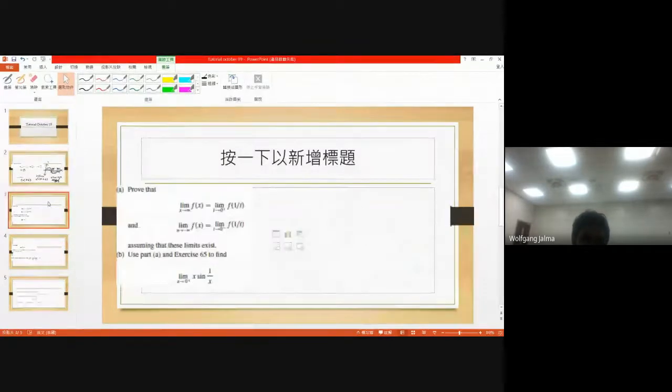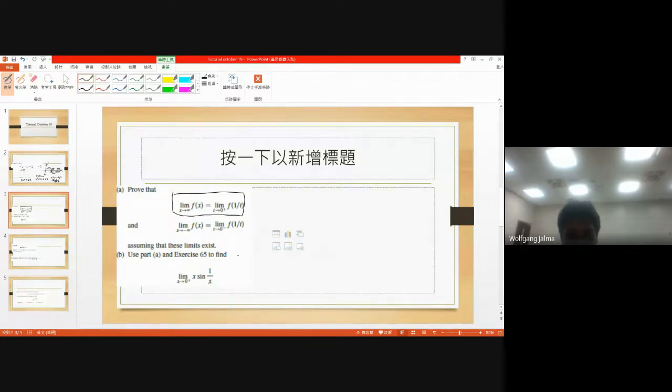But let us do the next part. That's quite easy actually. What we need to do here is transform from x to t, just like in this part. So x here is the same as t here.